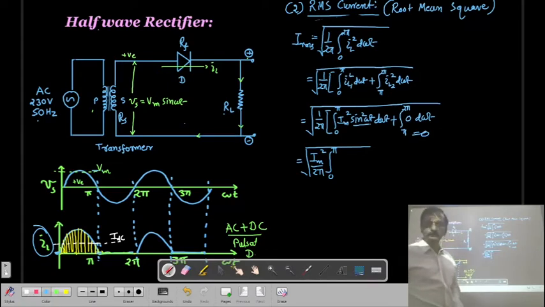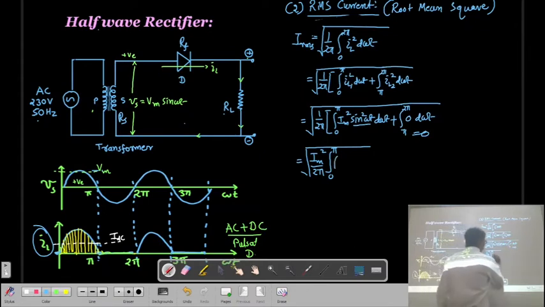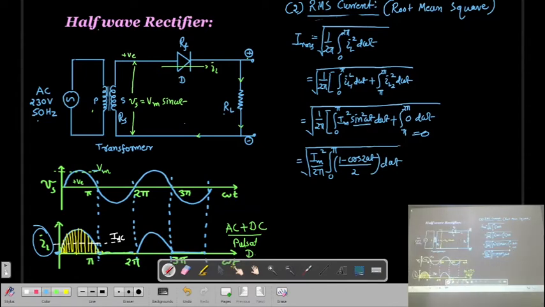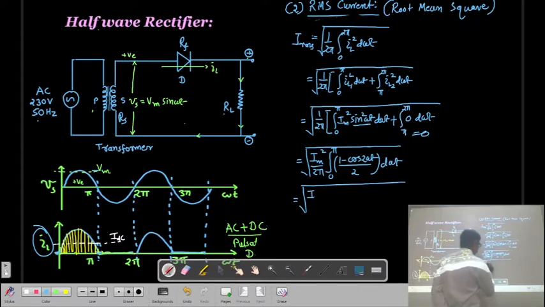Instead of sin squared omega t, in trigonometry we can write (1 minus cos 2 omega t) divided by 2. Now if we take this integration, this is I_m squared by 2 pi into the bracket.